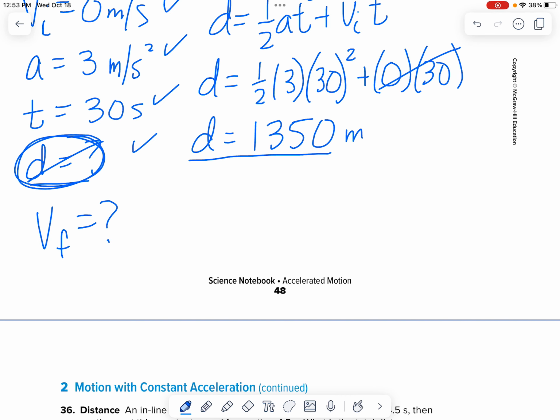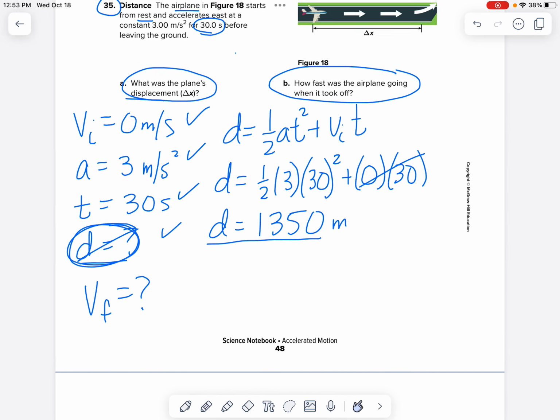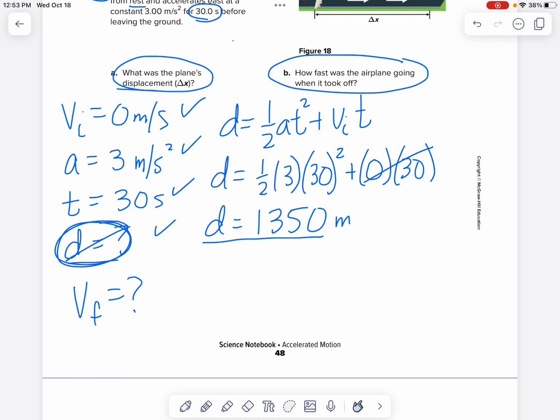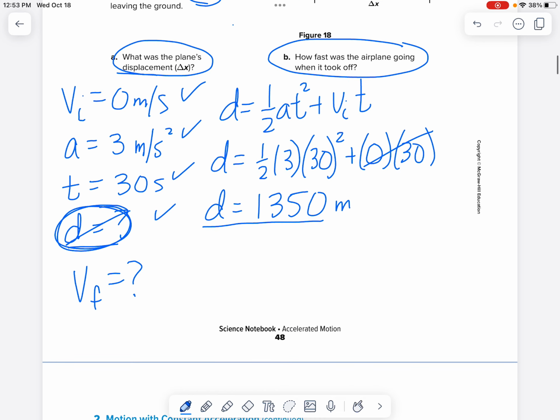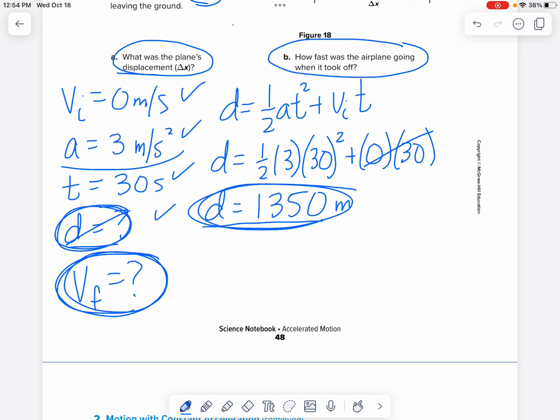I found distance, so I could find an equation that has distance in it, but I definitely need an equation now that has the final velocity in it. I have distance, acceleration and initial velocity. Those four variables are this equation.